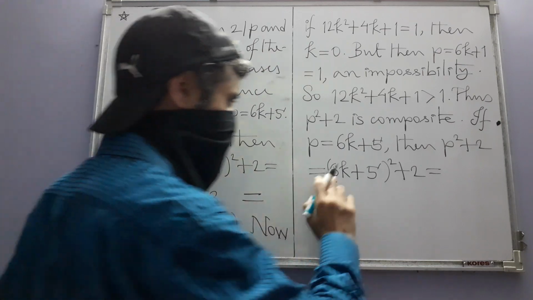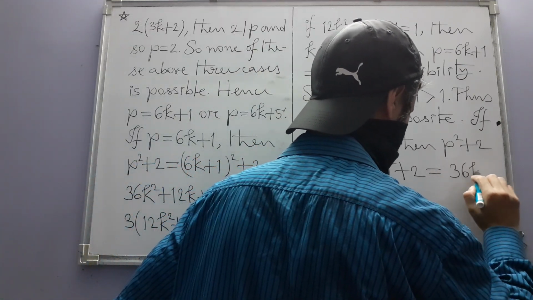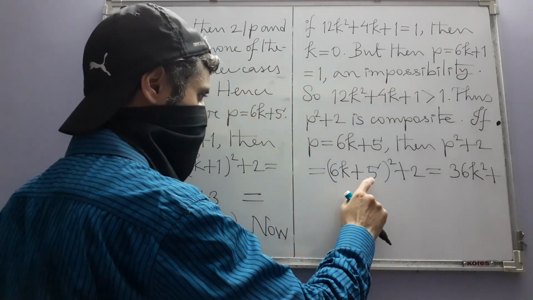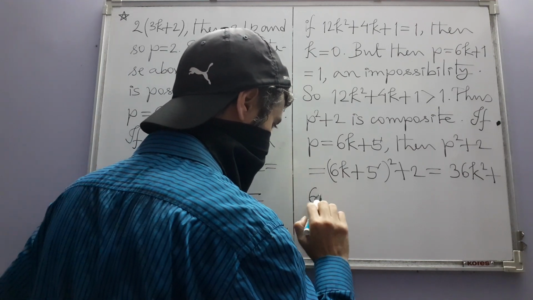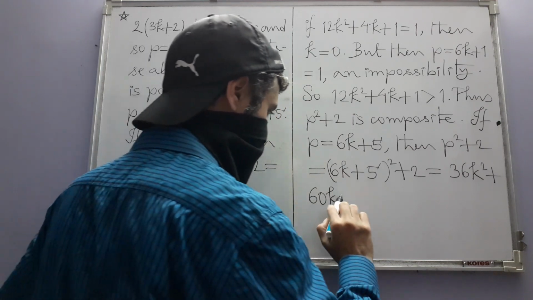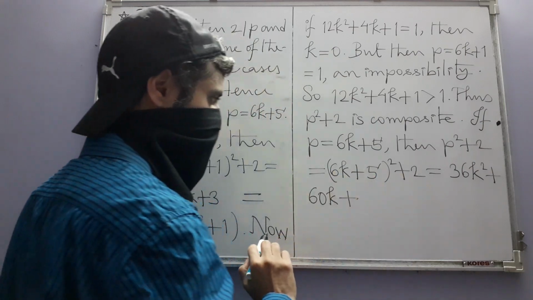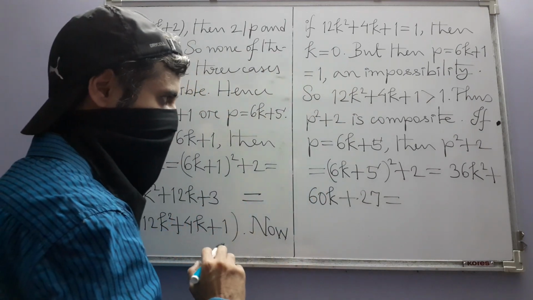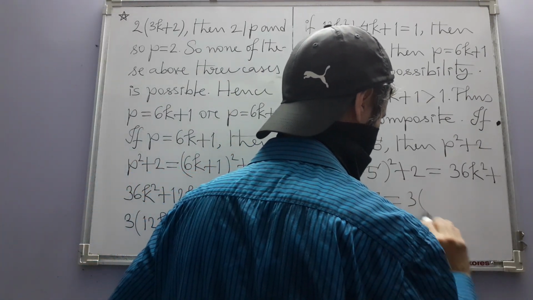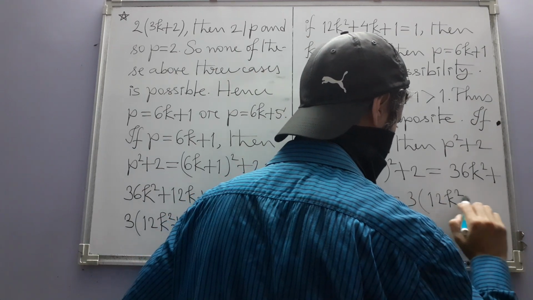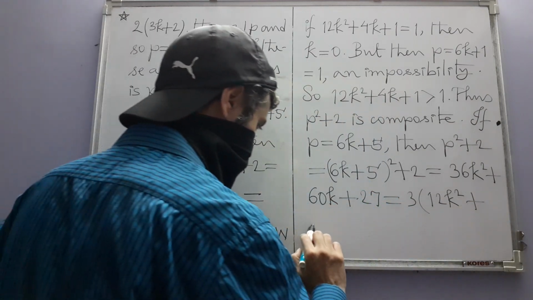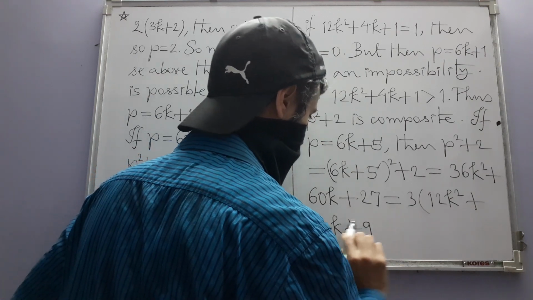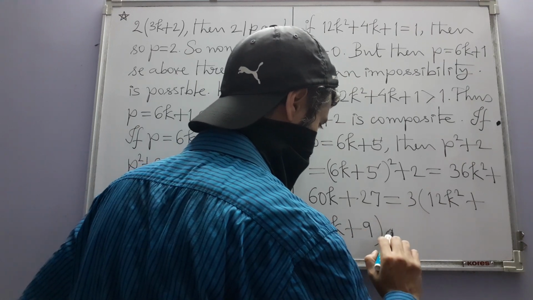So expanding, we get first, of course, 36k square plus 2 times 5 times 6, that means 60k, plus 5 square plus 2, 25 plus 2 is 27. And now from this we can take 3 common out, of course, and that leaves us with 12k square plus 20k plus 9. 3 times 9 is 27.